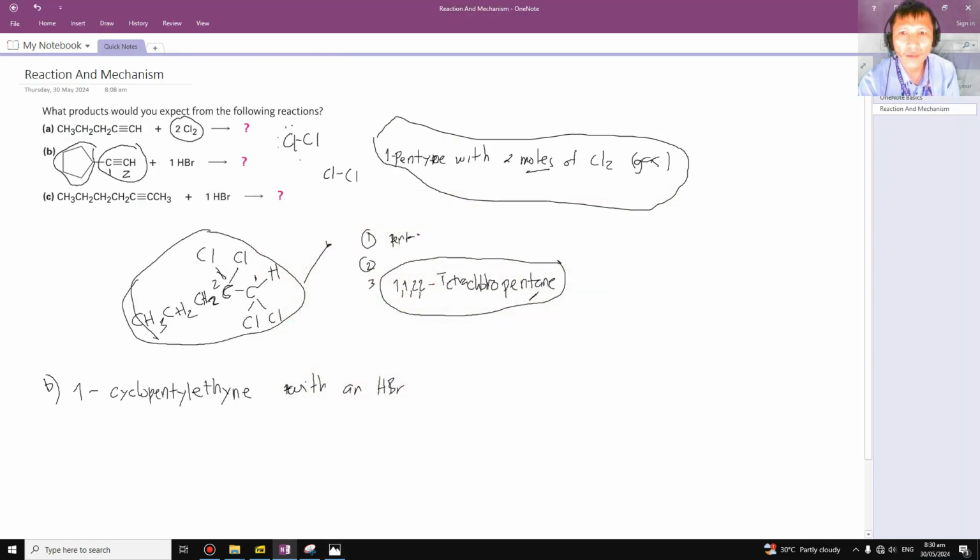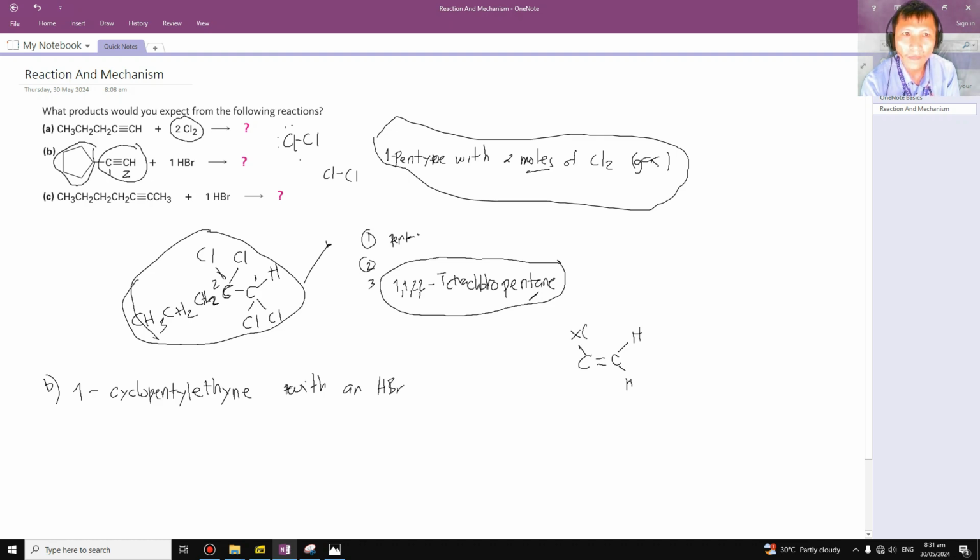So if I answer that one, let's start with the triple bond that will now have a double bond, and then this hydrogen would attach to this carbon here. That's what the cheat sheet says. It would attach your hydrogen here, and your X would attach on this side. And what is your X?